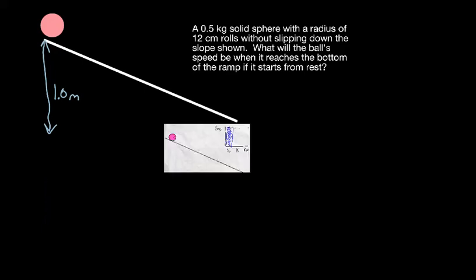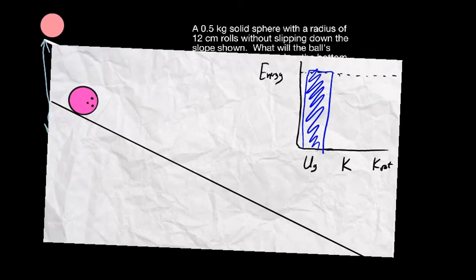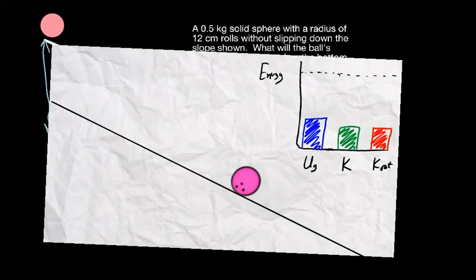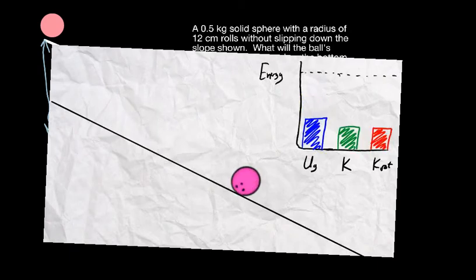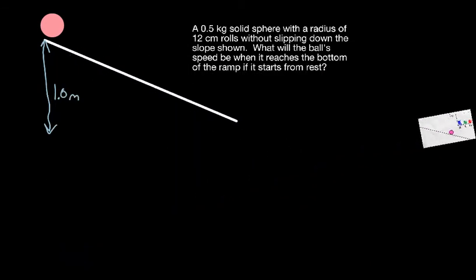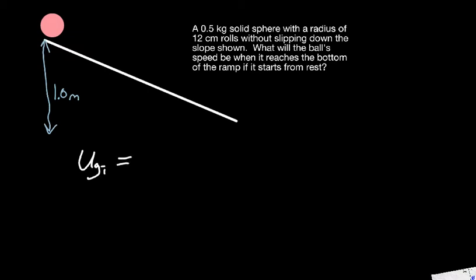So here's a general picture of what's going on in terms of energy. We start with nothing but gravitational potential energy, and at the end all that gravitational potential energy is changed into either translational or rotational kinetic energy. So we can write an equation based on that. Whatever gravitational potential energy we start with, our initial, has to be equal to the final kinetic energy plus the final rotational kinetic energy.